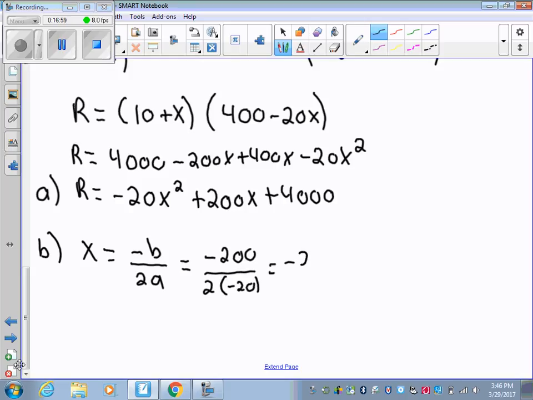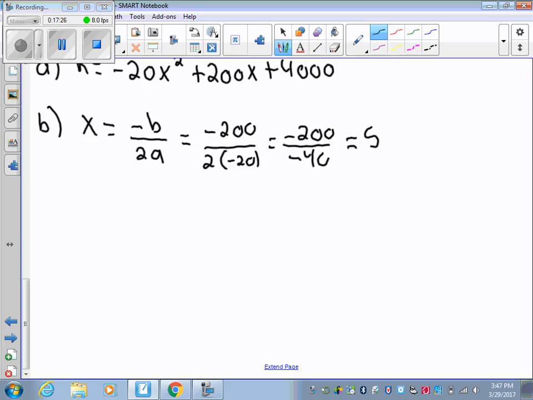So you'll end up with negative 200 over negative 40, and that will give us an answer of 5. 5 price increases is the ideal number that you should increase by. It's not a price of $5. It would be a new price of 15, right? Because x represented the number of price increases.